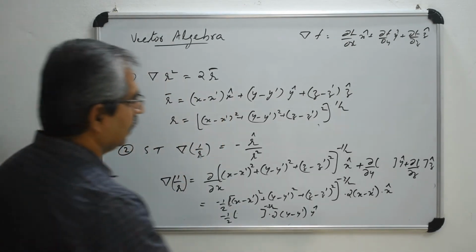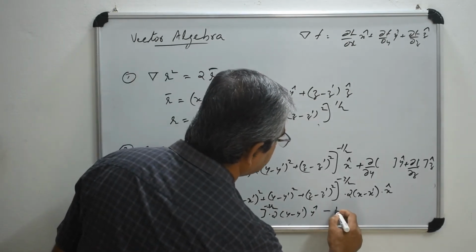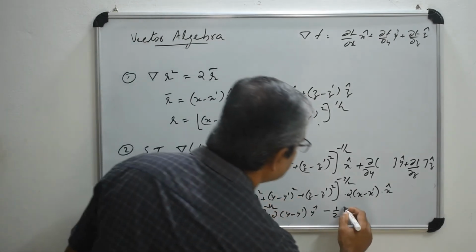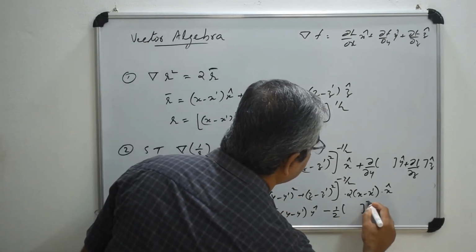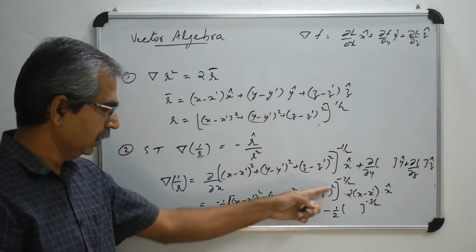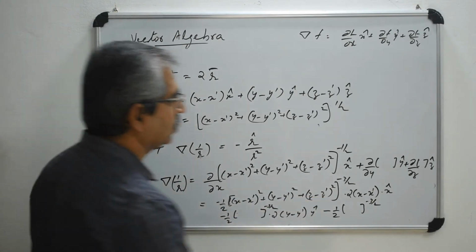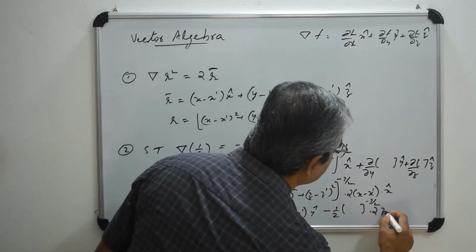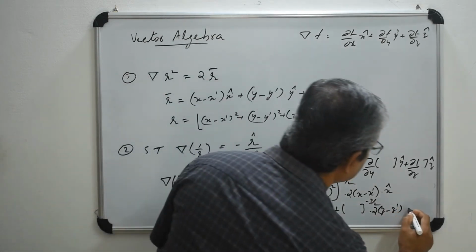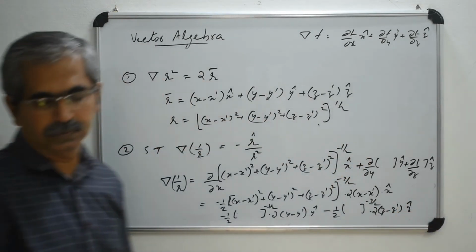Okay. Then what about the third term? Minus half into that term inside raised to minus 3 by 2. Then with respect to z, then 2 z minus z dash into z cap. Okay.